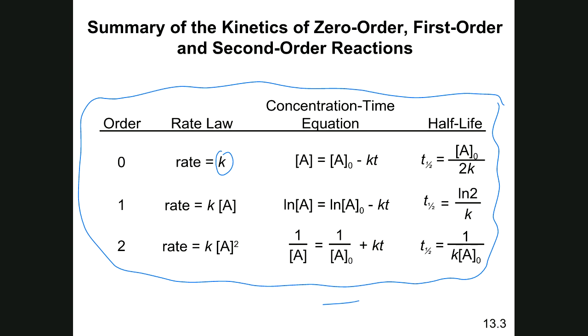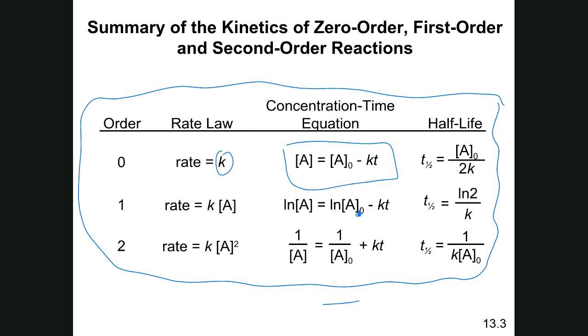And you have the concentration time equation for each one of them. It enables you to calculate the concentration at any given time. So if you have the time, you can calculate the concentration, because the initial value will often be given to you.